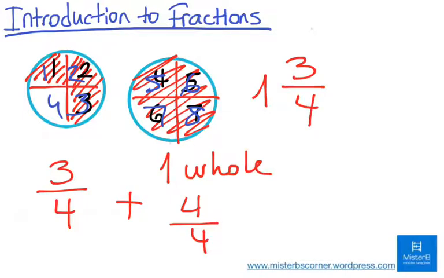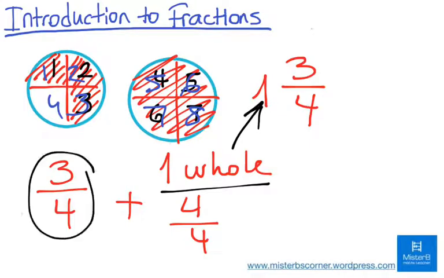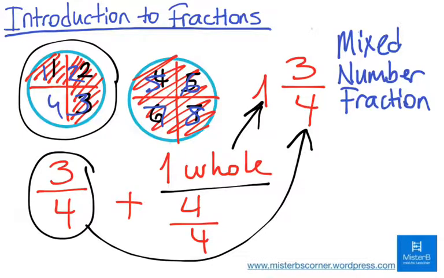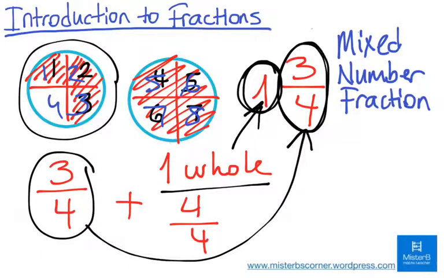So basically, this one whole goes here, and this 3/4, which represents this one, I write it beside that. So this is called a mixed number fraction because it has an integer part and the fraction part, so this is the mix.